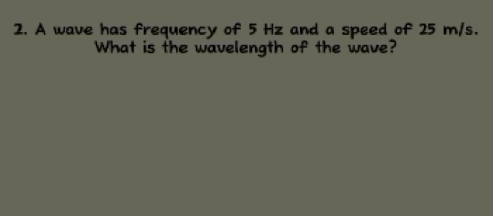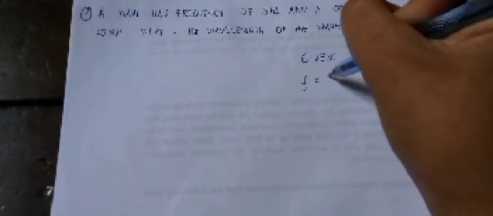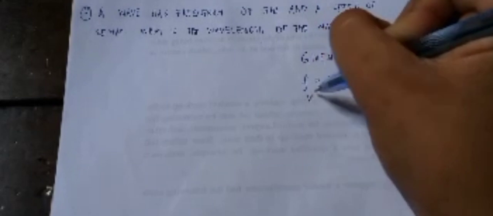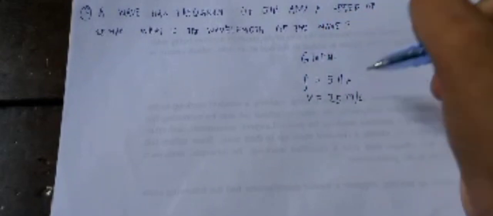Number 2. A wave has a frequency of 5 Hz and a speed of 25 meter per second. What is the wavelength of the wave? First, we write the given. Frequency is equal to 5 Hz. Wave speed is equal to 25 meter per second. And our unknown here is the wavelength. Using the formula, wave speed is equal to wavelength times frequency, we will manipulate the formula.